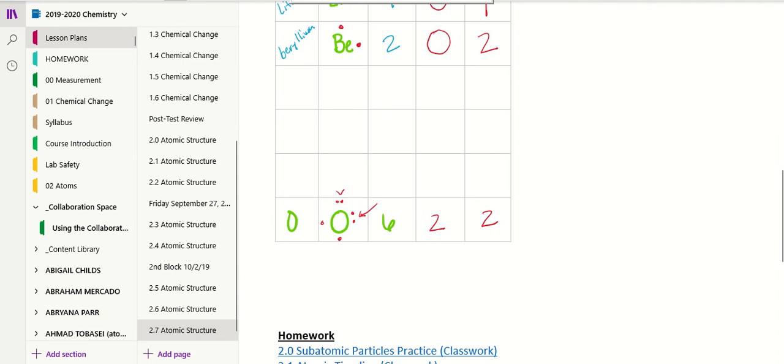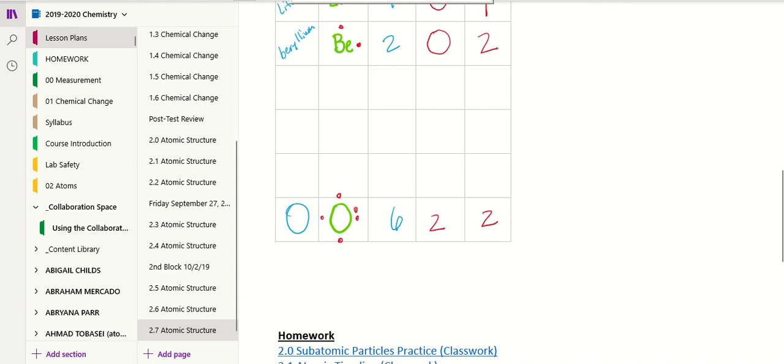Here, oxygen has 6 valence electrons. So, I'll redraw this so you guys can see it. There's my O. 1, 2, 3, 4. Go around each side once, and now I double up.